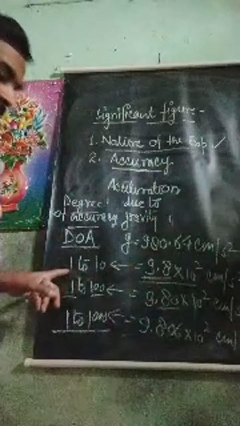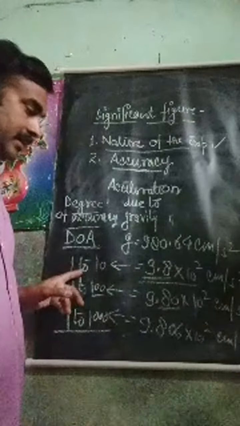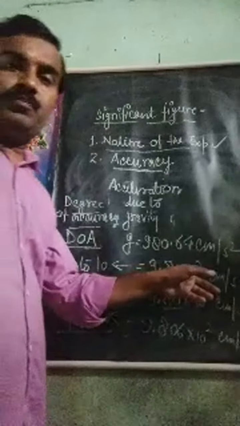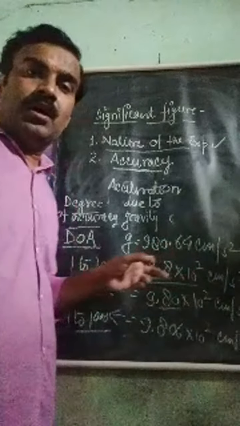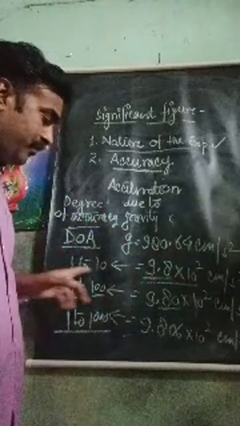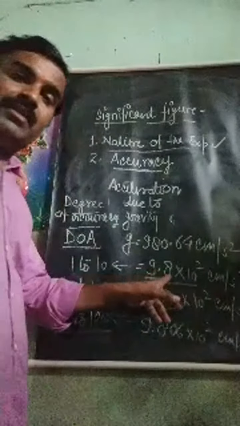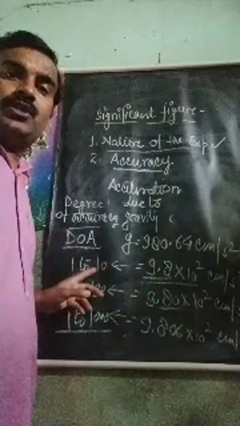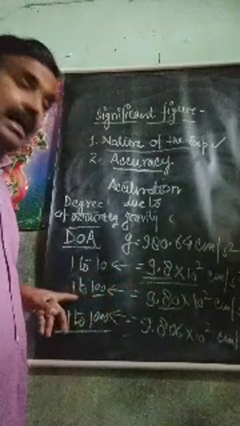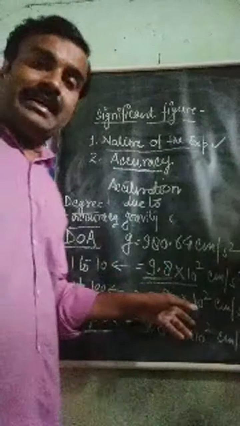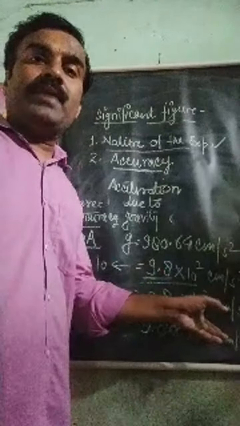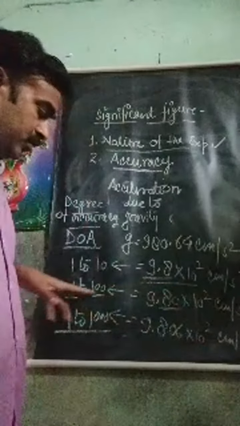I have already given the example: 9.8 into 10 to the power of 2 means up to 1 decimal point, so the degree of accuracy is between 1 to 10. Similarly, if you write 9.80, the degree of accuracy is between 1 to 100.